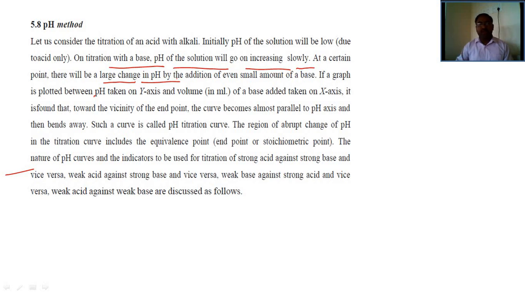If a graph is plotted between pH on the y-axis and volume on the x-axis, it is found that towards the vicinity of the endpoint, the curve becomes almost parallel to the pH axis and then bends away. Such a curve is called a pH titration curve.